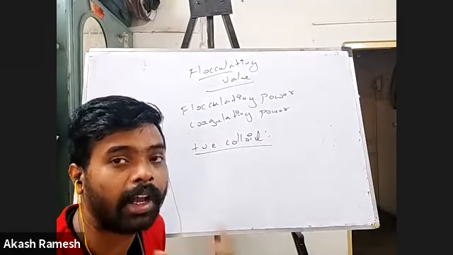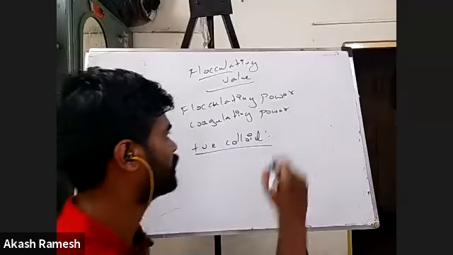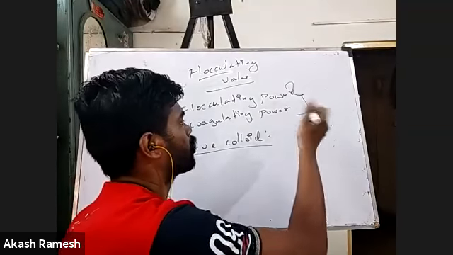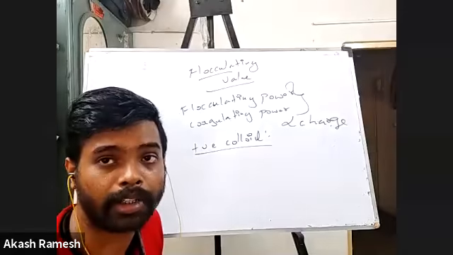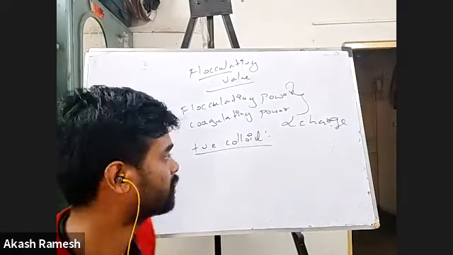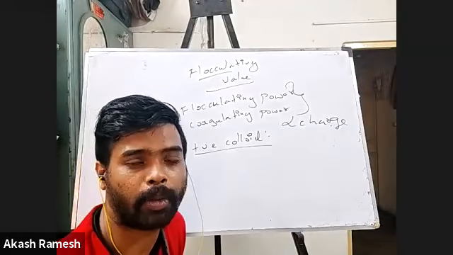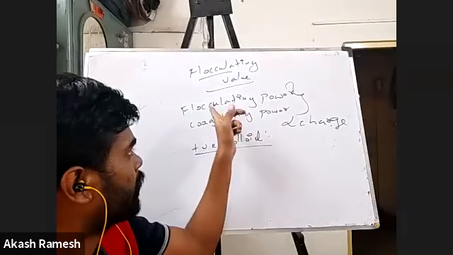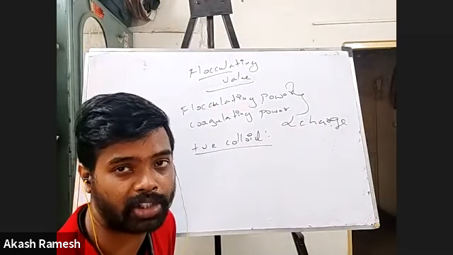The flocculating or coagulating power is directly proportional to the charge possessed by the electrolyte, whether positive or negative. This you have to know.